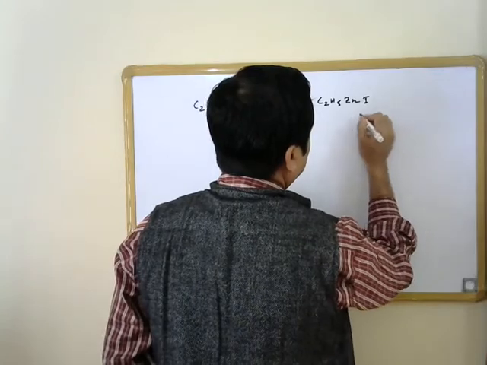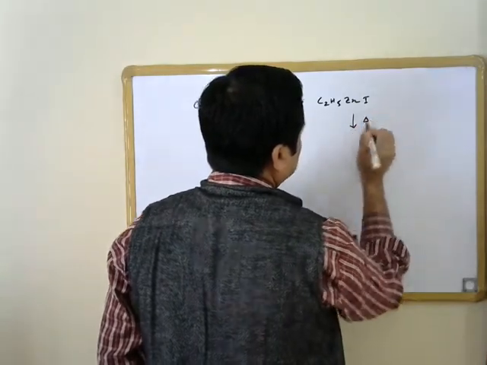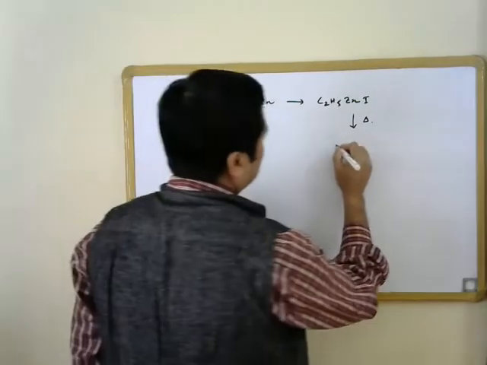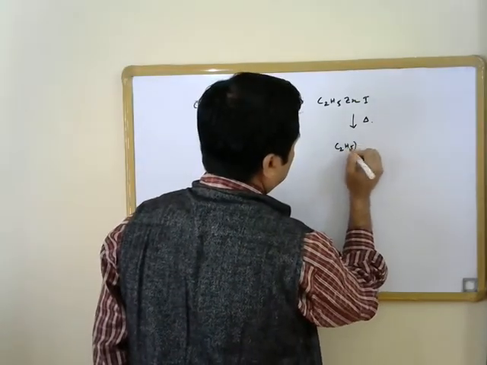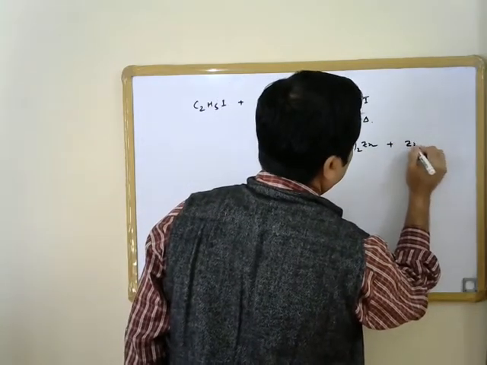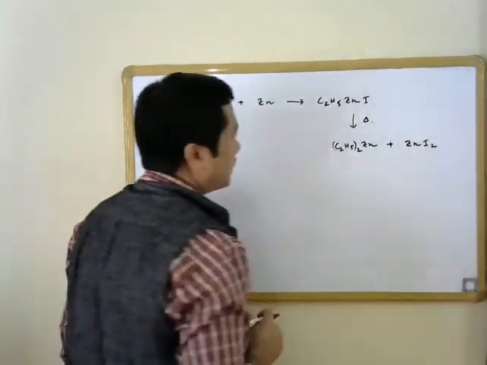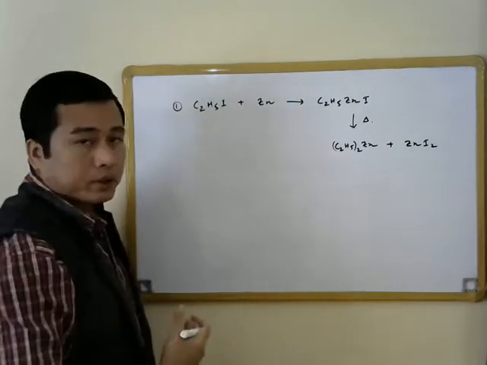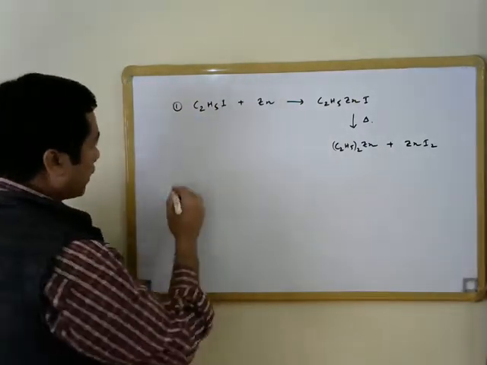And when this compound is heated, essentially it undergoes a disproportionation reaction to give us diethylzinc and zinc iodide. So that is one of the methods for preparation of organozinc compounds.